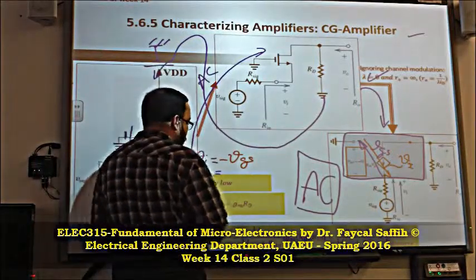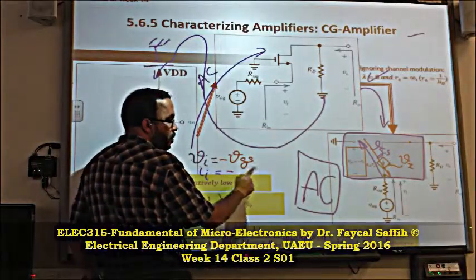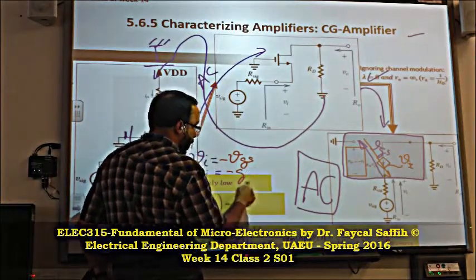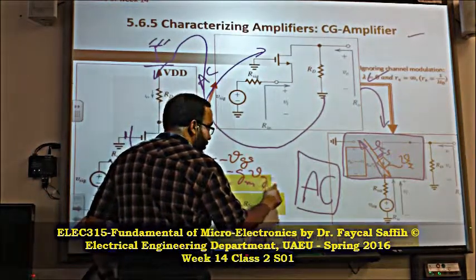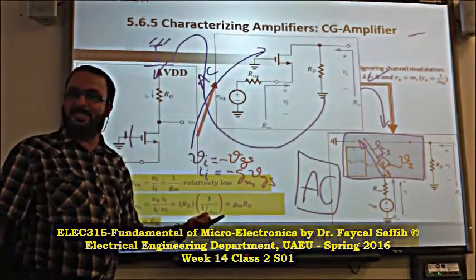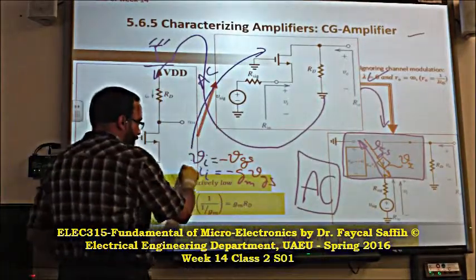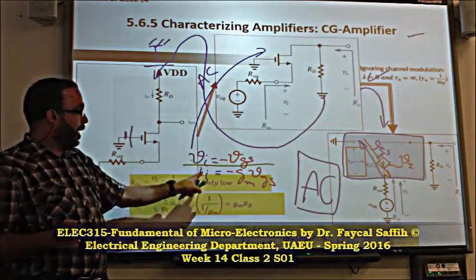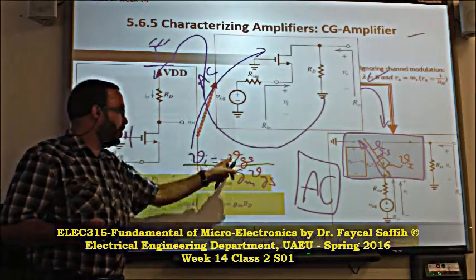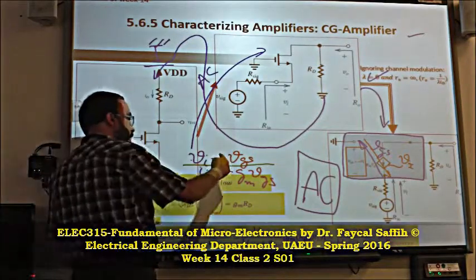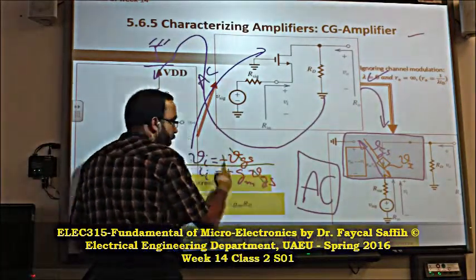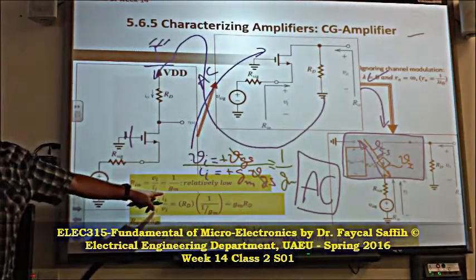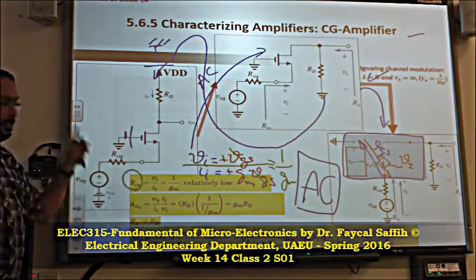So I is going to be equal to minus gm VGS. Clear? Now the green. So Vi divided by Ii is equal to minus VGS divided by minus gm VGS. So the result is 1 over gm, which is the input resistance.